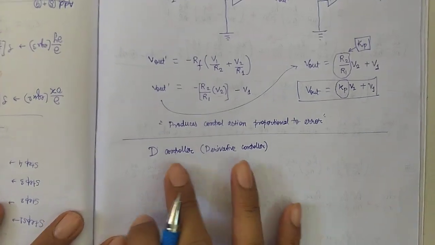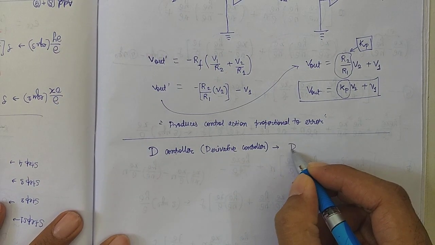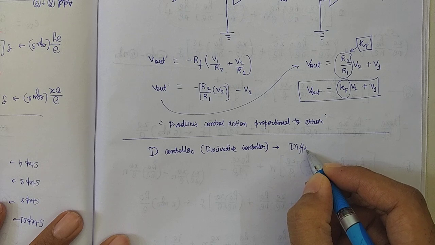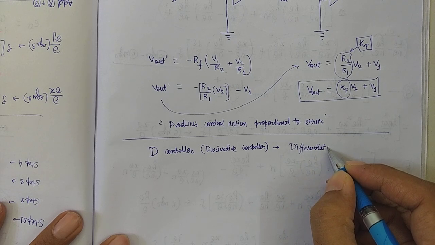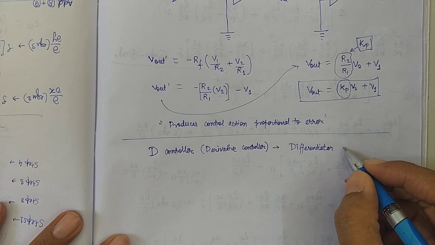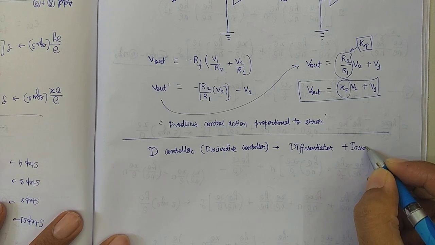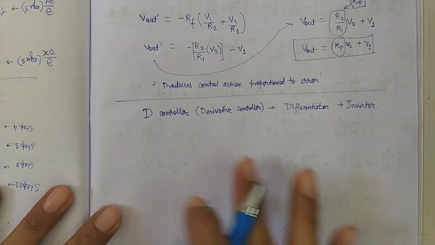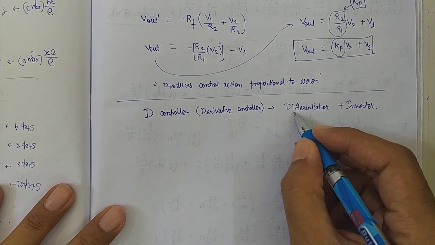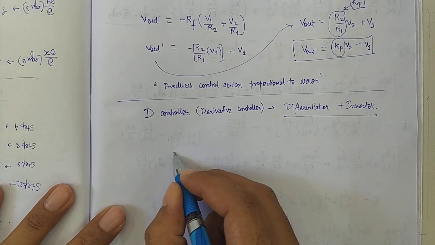So essentially this D controller is a combination of a differentiator with inverter. So we can recall our differentiator block that is made through op-amps in this manner.